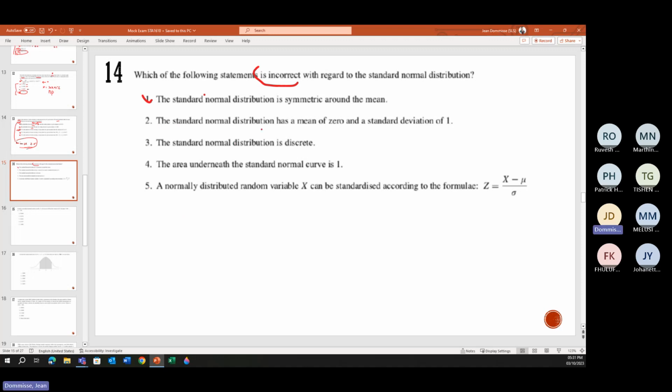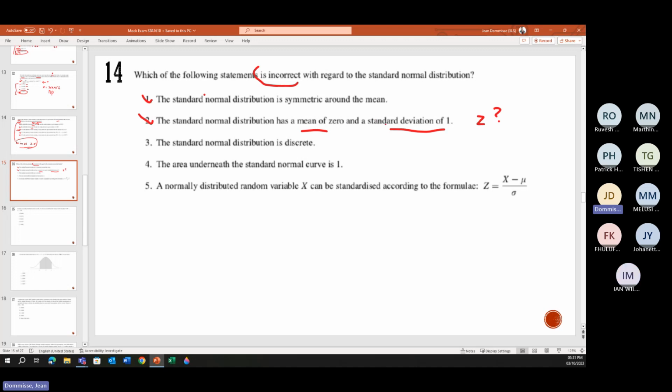The standard normal distribution has a mean of 0, standard deviation of 1, also correct. You can look at how the Z is distributed. So mean of 0, standard deviation of 1. So that is also correct.